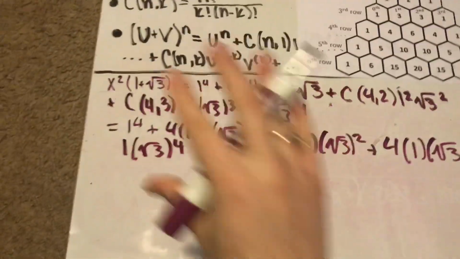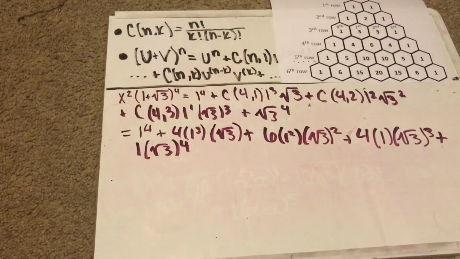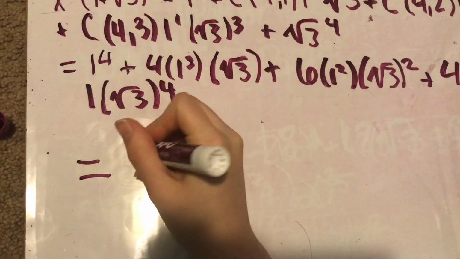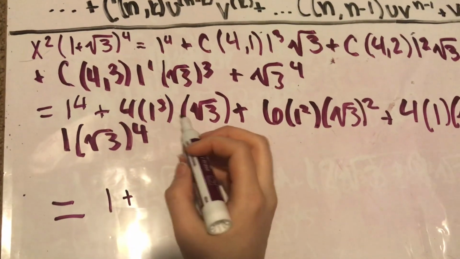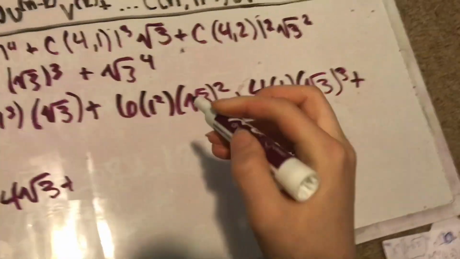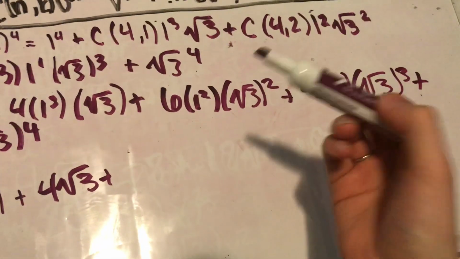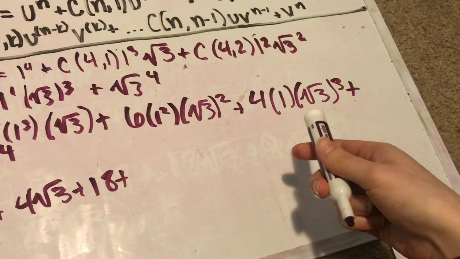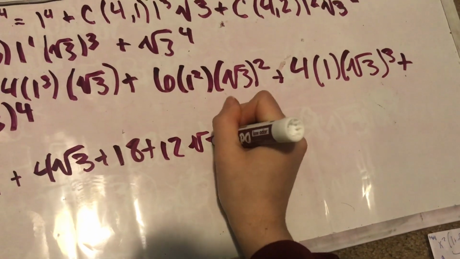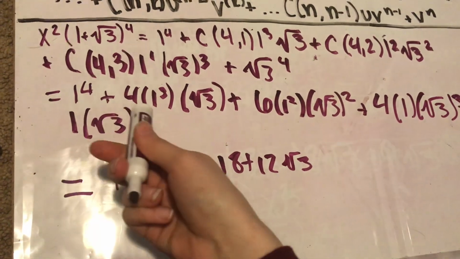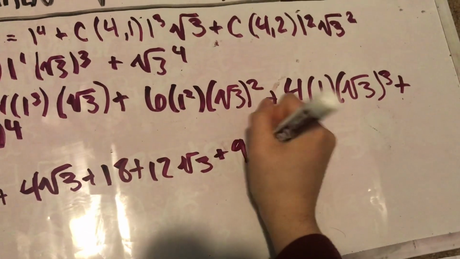So now we're just going to take all that there and simplify it down using algebra. So if we do this out, that's just going to be 1 plus square root of 3 times 4, which is 4 square root of 3, plus square root of 3 squared is obviously 3, so 3 times 6 is 18, plus square root of 3 cubed is just 3 times the square root of 3, so then that is times 4, so 12 square root of 3, and then plus square root of 3 to the 4th is just plus 9.